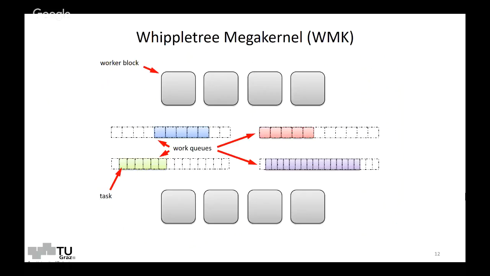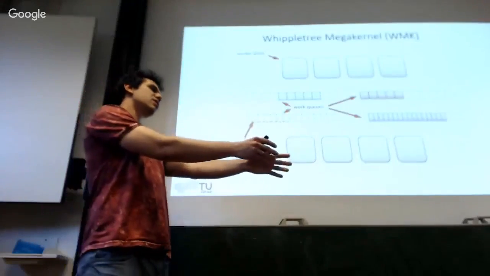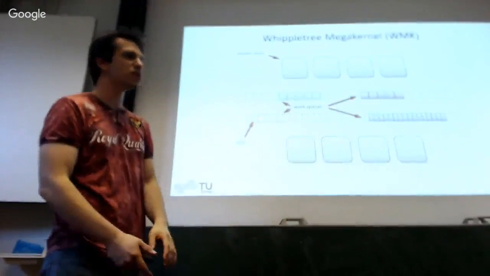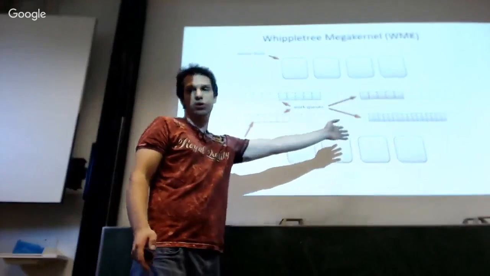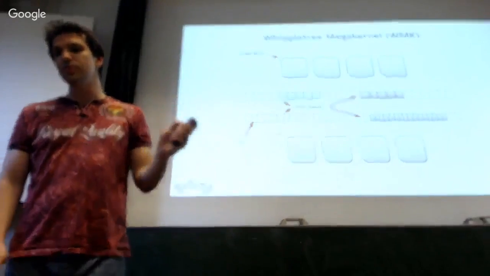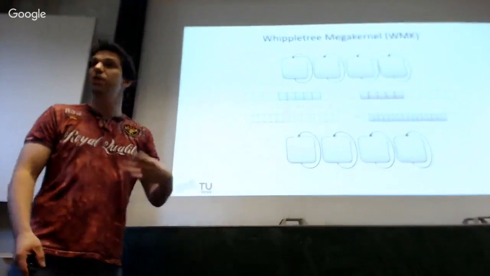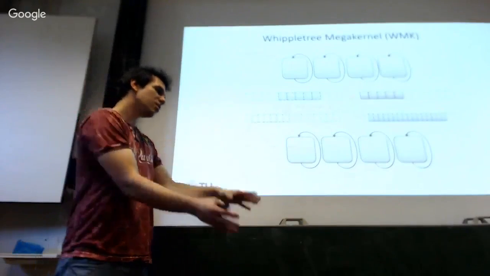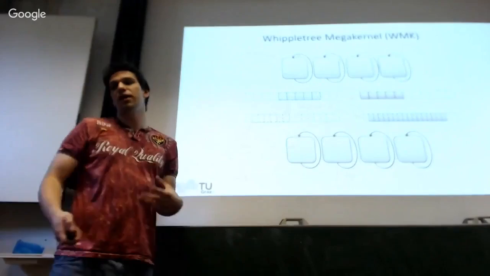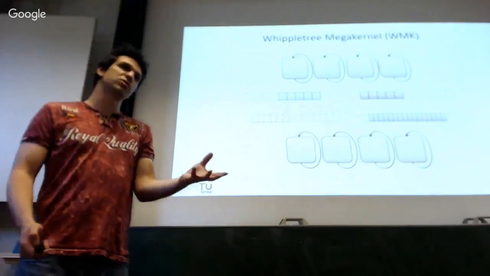So you can think about you're executing your program somewhere, and then you say, okay, here is another thread that should execute at some point. Then we can store information about that in one of these work queues. And the idea then is that our worker blocks keep executing in a loop, and they keep occupying the GPU, and then we can dynamically decide what we want to do.